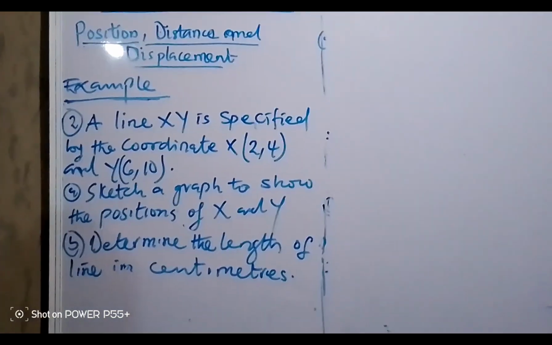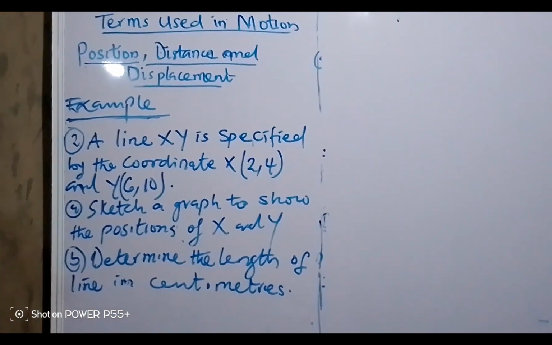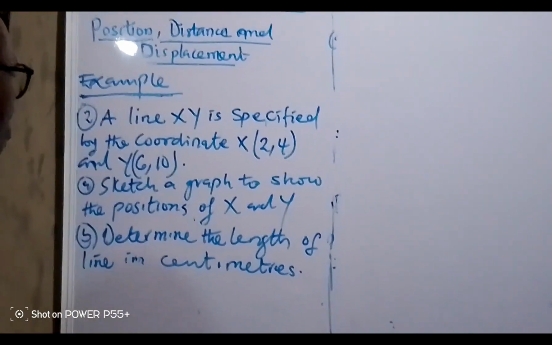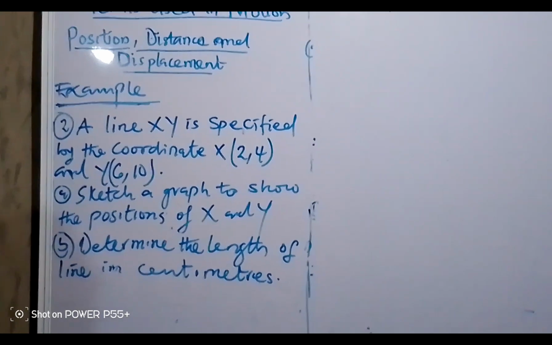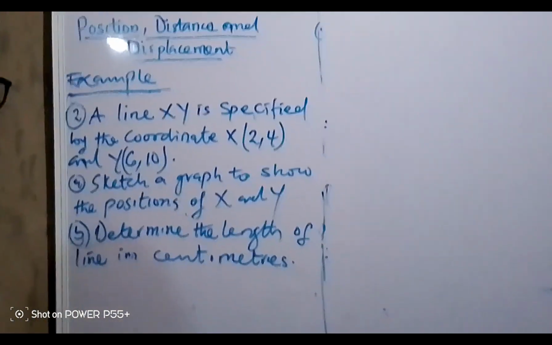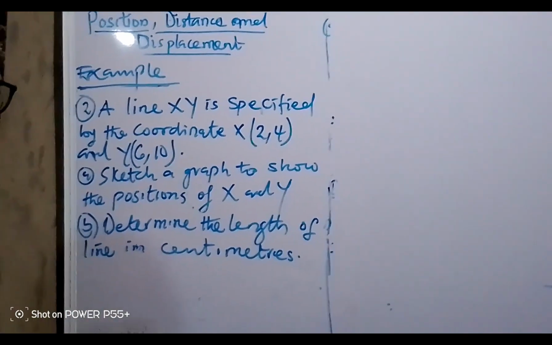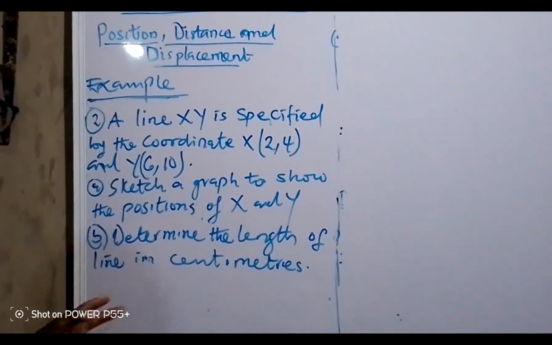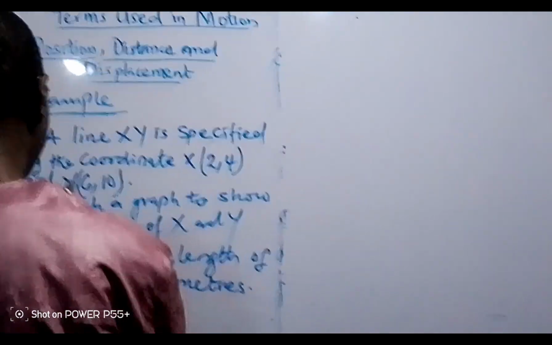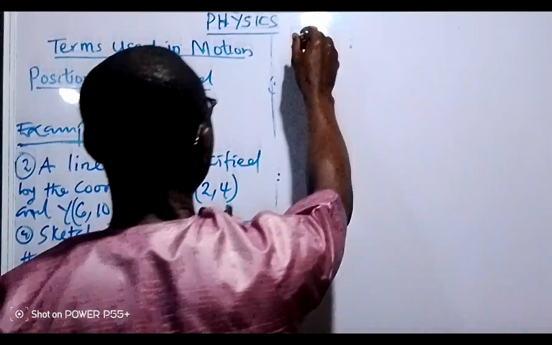Now, let's take this one as example 2. A line XY is specified by the coordinates X (2, 4) and Y (6, 10). The first question is to sketch a graph to show the position of X and Y. And question 2: determine the length of the line in centimeters. The first question deals with position.